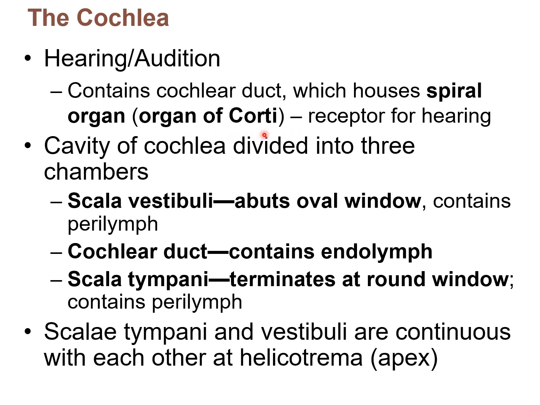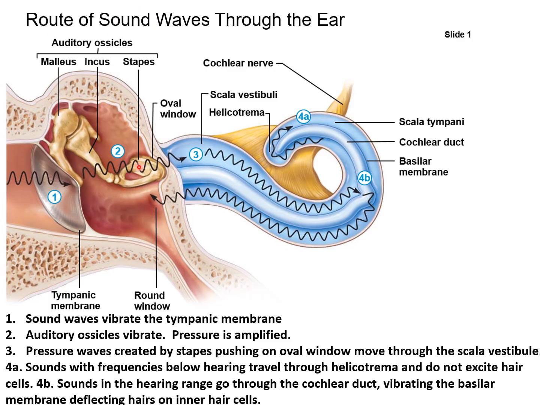Sometimes it's called the spiral organ, but we'll call it the organ of Corti. That's your receptor for hearing. And then we'll see these other structures, but I'm not too worried about the scalae, but the cochlear duct is going to be another important structure that's going to contain the organ of Corti. So let's go to the next slide where we can actually see these things and I'll explain them.